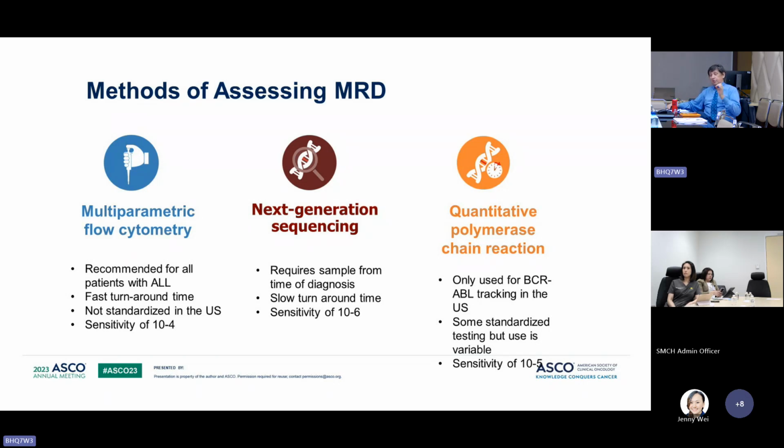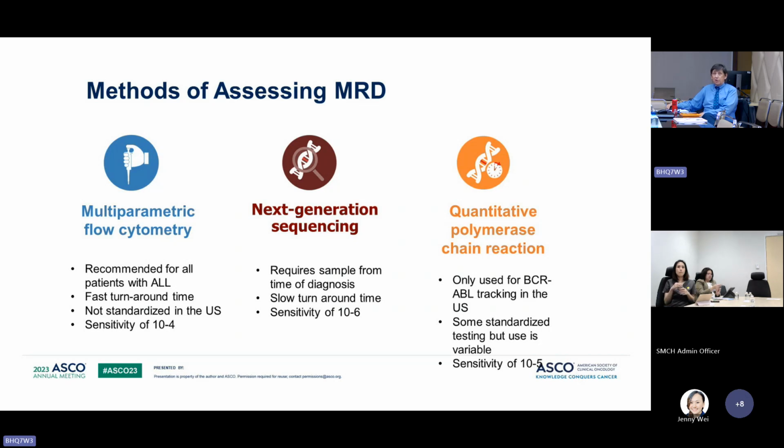The problem is flow cytometry can be tremendous with really good flow cytometric analysis people. But institution to institution, when you ask for reproducible flow cytometry, it doesn't usually happen. There you can get a sensitivity of about 1 in 10,000.